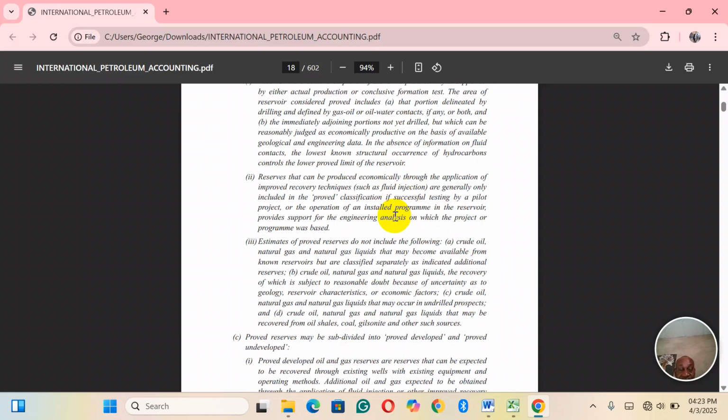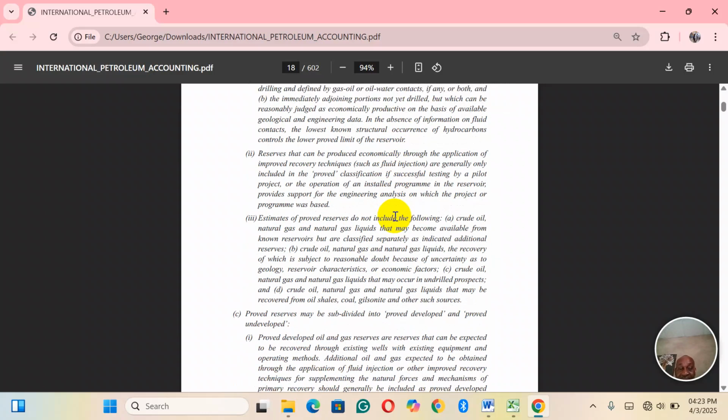Then three, estimates of proved reserves do not include the following: A, crude oil, natural gas, and natural gas liquids that may become available from known reservoirs but are classified separately as indicated additional reserves. B, crude oil, natural gas, and natural gas liquids, the recovery of which is subject to reasonable doubt because of the uncertainty as to geology, reservoir characteristics, or economic factors.